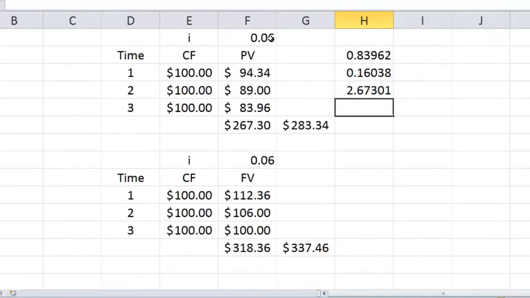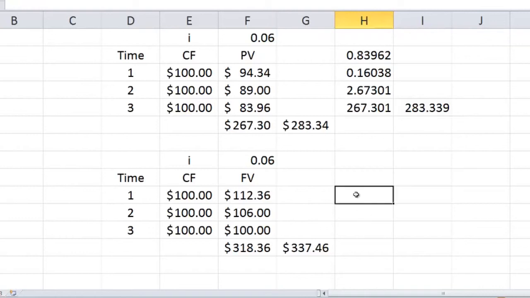Divide that by 6% and multiply that by the cash flow. So that matches. Then we would just multiply that by 1 plus the interest rate. So we can just take what we find with our annuity formula, multiply that by 1 plus the rate, and we'll get the right answer.